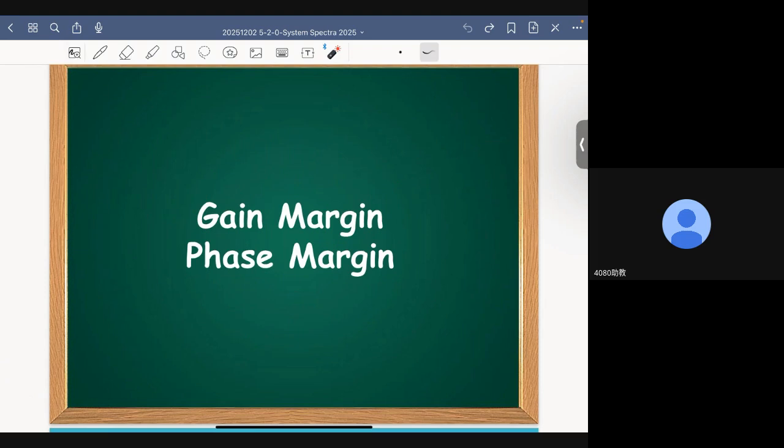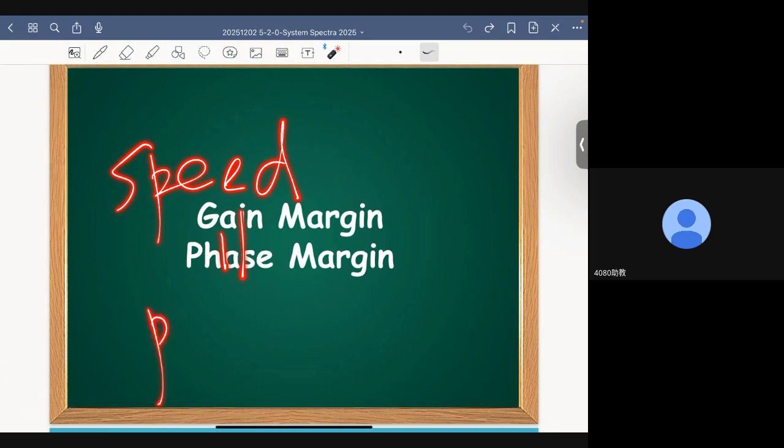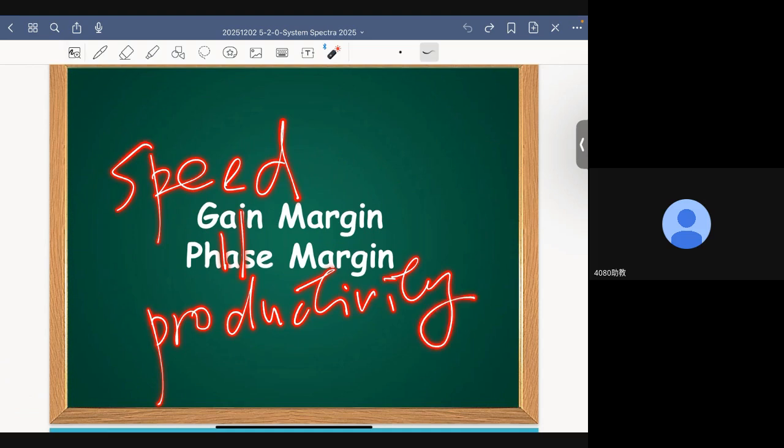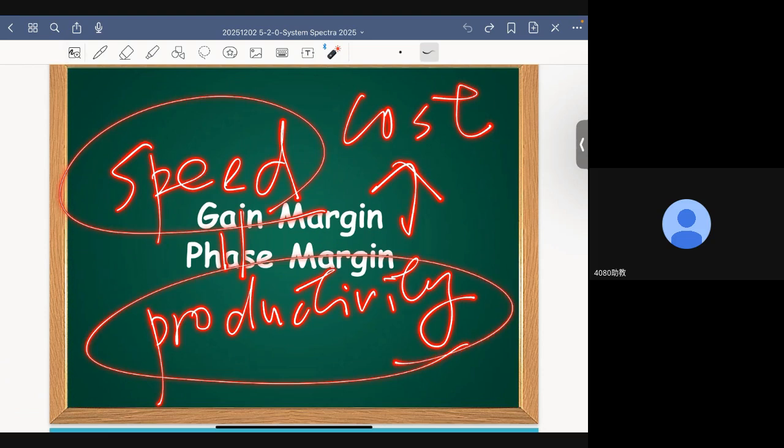I cannot stand that. I want to get things done as fast as possible, because in industry, speed is usually equal to productivity. And productivity is always related to cost. High speed, high productivity, lower cost, right?